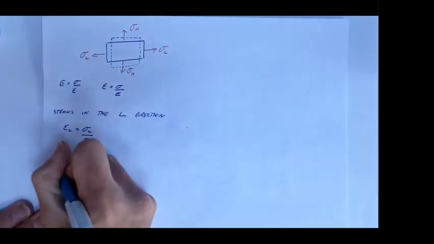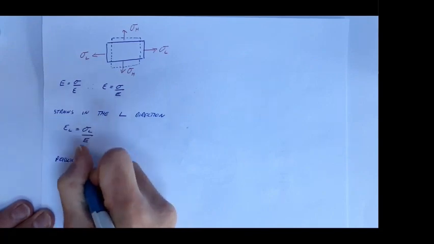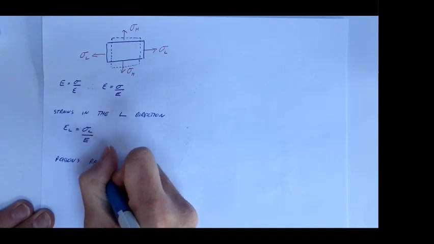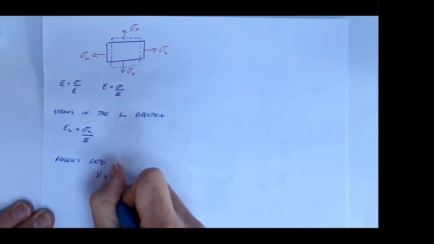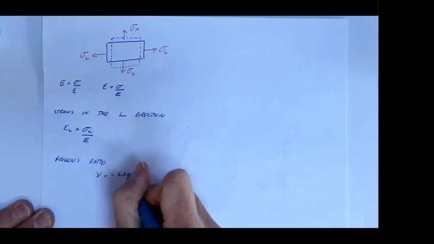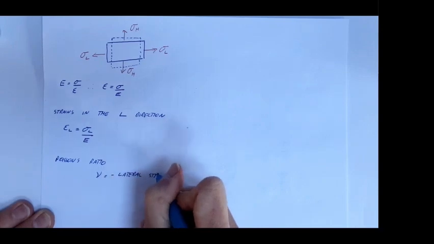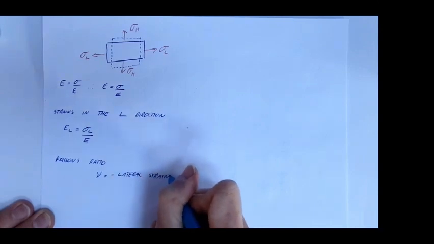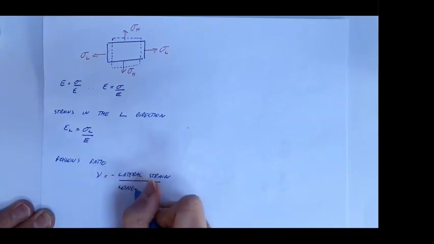And that's related via our Poisson's ratio. Okay, so we know Poisson's ratio is simply negative lateral strain over the longitudinal strain.